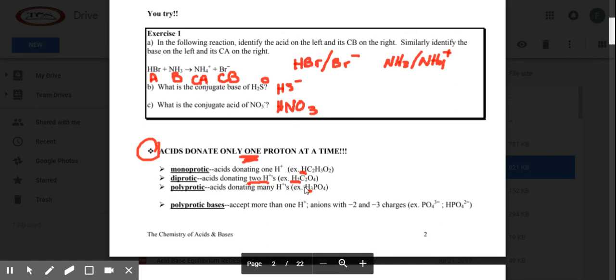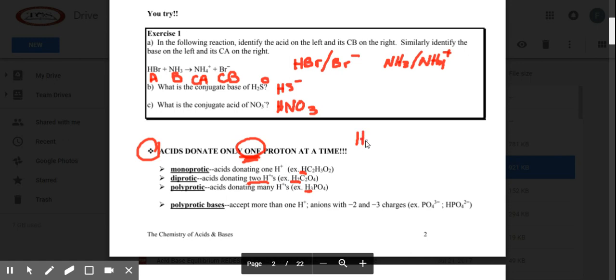And that would be H3PO4. Phosphoric acid is an example of this because it can actually get rid of 3 protons. The exception to that, though, is it only donates 1 proton at a time. So here's the step-by-step process.